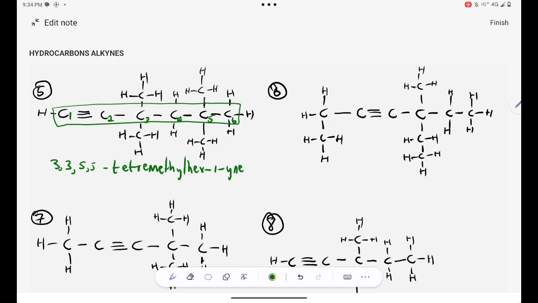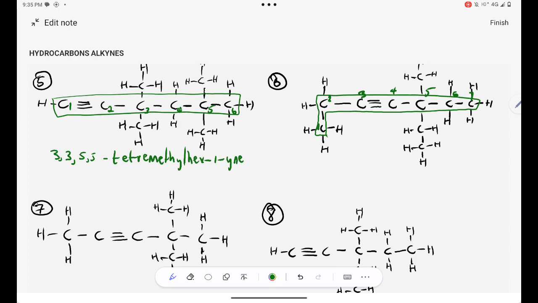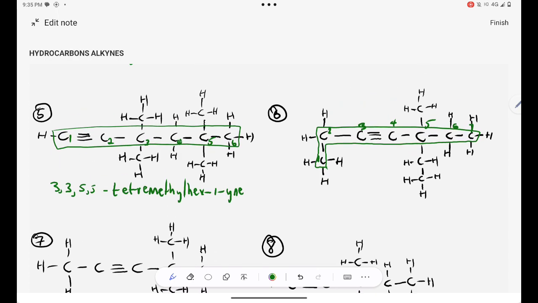Okay, and now let's go to compound number 6. This will be my parent chain. Please note that, guys, you never have a side chain on the terminal carbon. So that's carbon number 1, that's 2, 3, 4, 5, 6, and 7. I do have additions at carbon number 5.